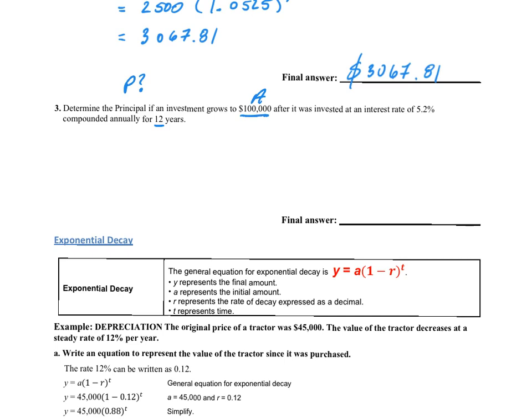So we'll just do the little switcheroo where the 100,000 takes the place of the A in our formula. The P is our unknown, and we set up the rest.